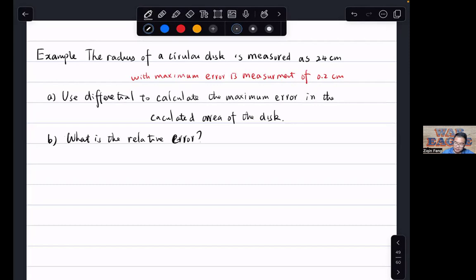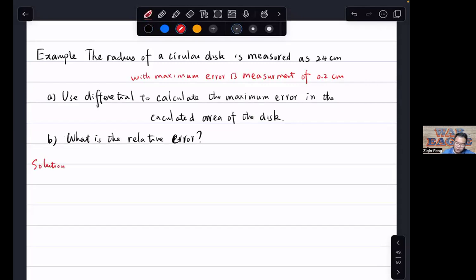You can change that to percentage, so that will be the percentage error. Let's see a solution. Basically, you want to calculate the area using the radius. That's our function. It's quite clear. So, solution.